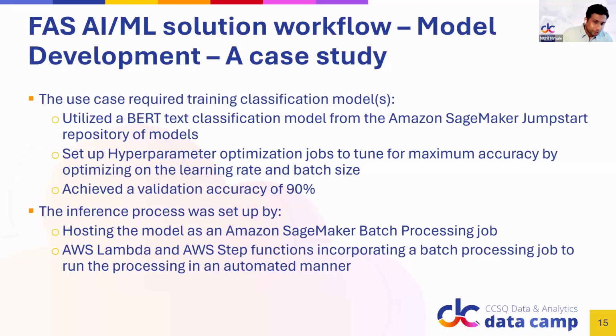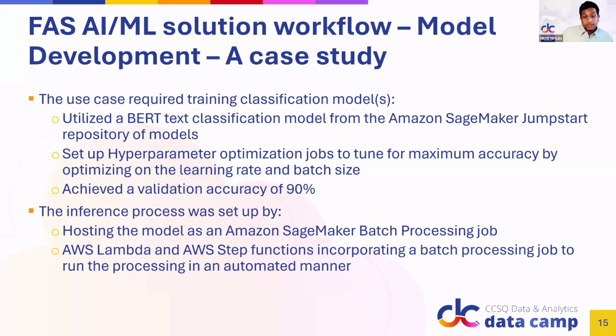So if you don't get good performances using learning rate and batch size tuning, you can definitely try a couple of other ones like L1 and L2 regularizers and so on. So after doing all of this hyperparameter tuning, we achieved a validation accuracy of 90%. So that looked good enough as the first version.